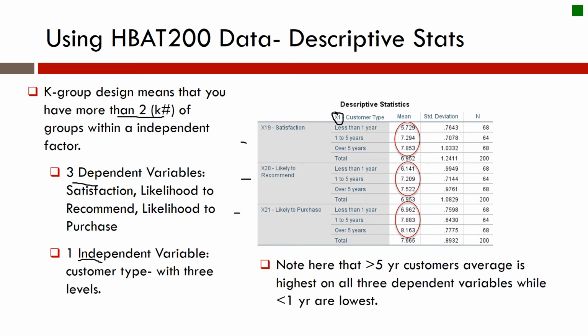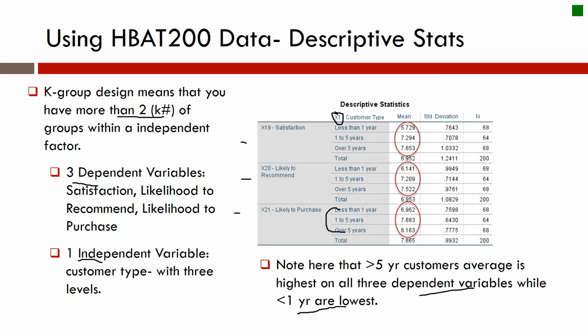Note here that the less than 5-year customer average is the highest in all 3 variables, while 1 year is the lowest. So we have a 7.8 versus a 5.7, 7.5, 6.1, 8.1 versus a 6.9. Just eyeballing this, you can see there's a fairly good gap between less than 1 year and over 5-year respondents for each of these variables.